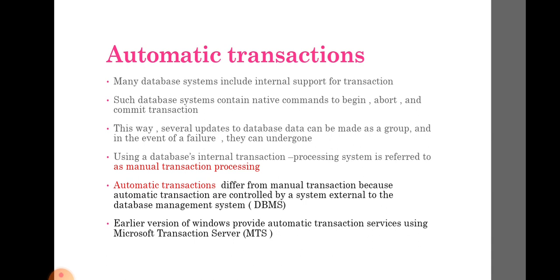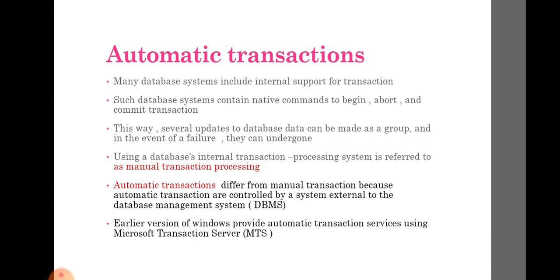Okay, many database systems include internal support for transactions. Such database systems contain native commands to begin, abort and commit transactions. These are the transactions performed in a database management system. This way, several updates to database data can be made as a group, and in the event of a failure, they can be undone.